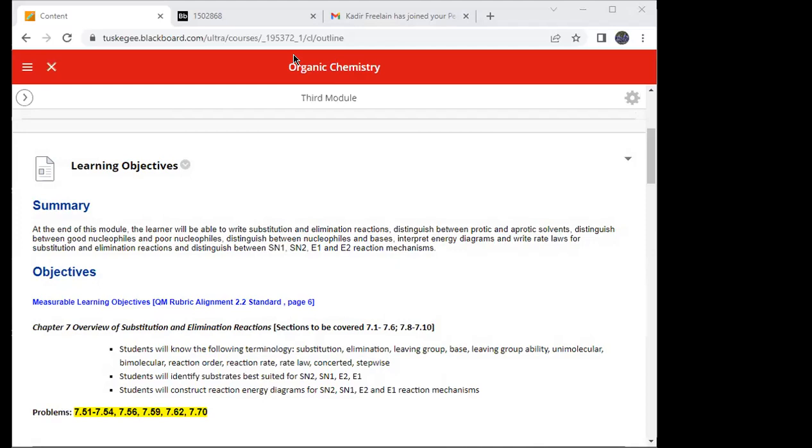The good thing is we've already kind of seen a glimpse of substitution and elimination, so that's going to make this a little bit easier to track. Let me pull it up here, and we'll get started.